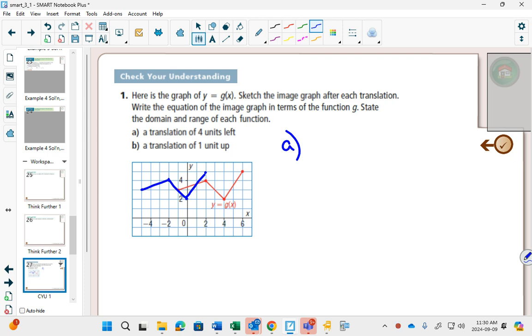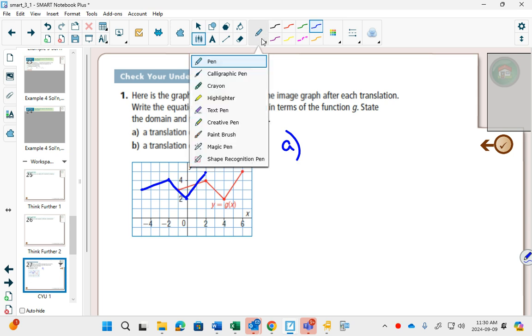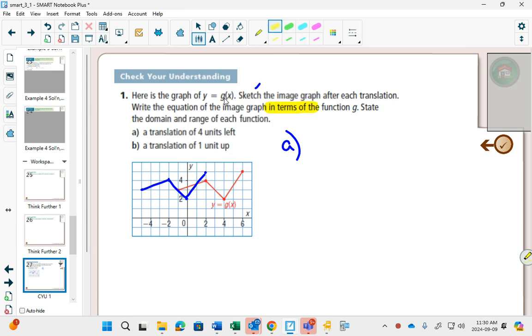So sketch the image. We did that. Check mark. Write the equation of the function in terms of the function g. I'm going to highlight this part because this is very confusing language for a lot of people. What does it mean when something says "in terms of"?